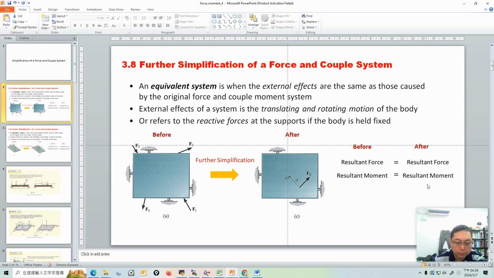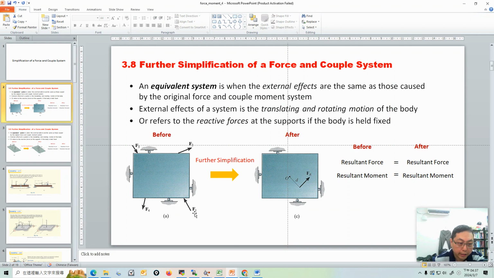Because the resultant force and resultant moment are the same before and after, there is a terminology called equivalent system. If you satisfy these two conditions, we can say you create an equivalent system after the simplification.